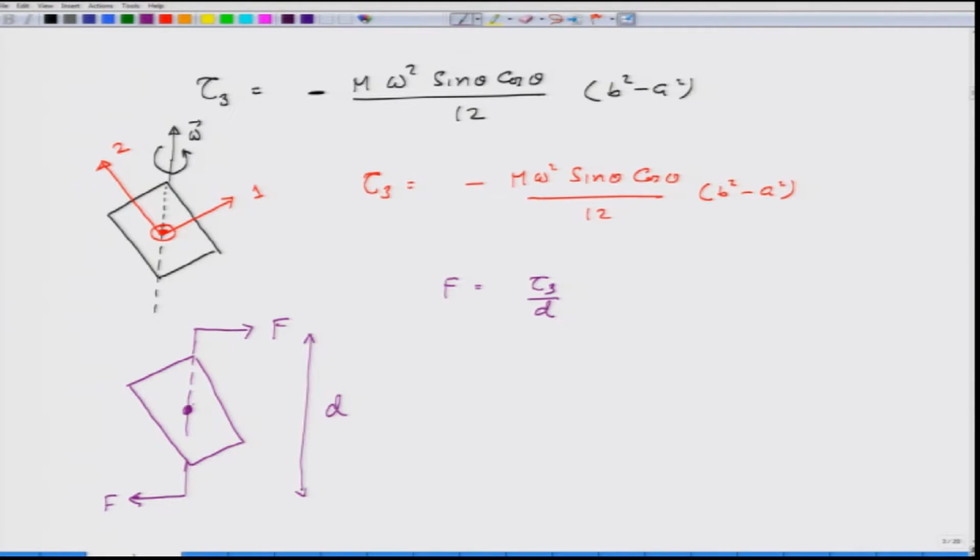So, earlier what we were doing is we were taking I1 omega 1, I2 omega 2, and calculating the horizontal component, right.